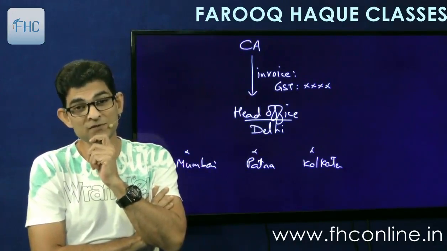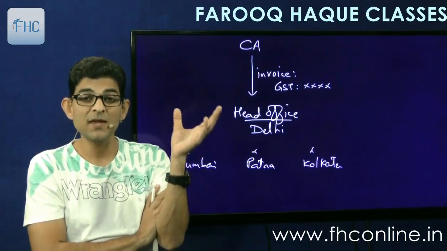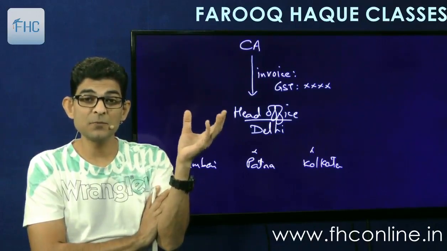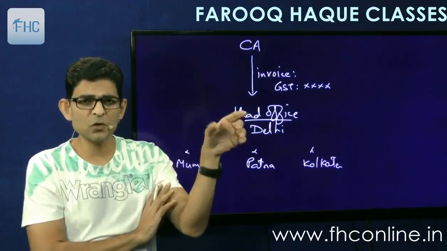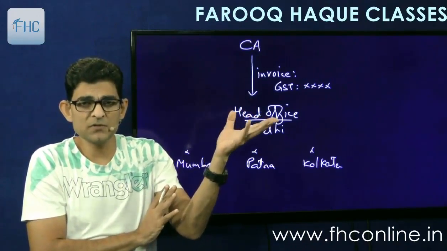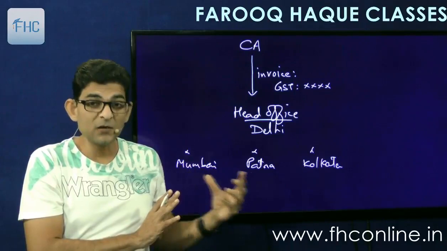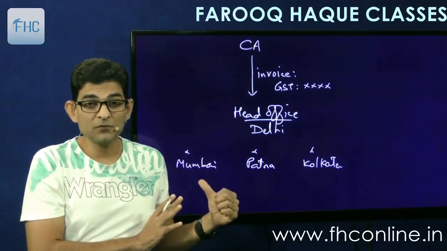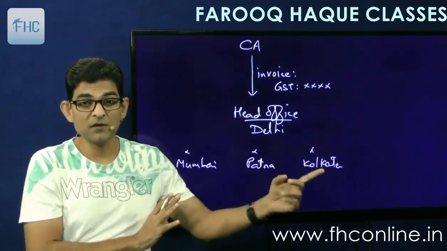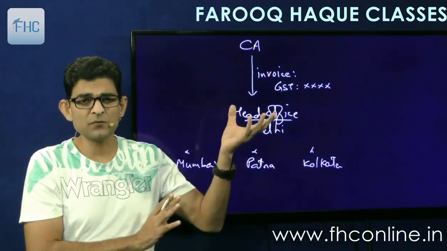Who will take the input tax credit? So what this Delhi office does is it registers itself as an input service distributor, because head office is not liable to pay any tax. We don't do any business from head office. It's just a registered office. The real factories are located here. I've got one factory in Mumbai, one factory in Patna, one factory in Kolkata, and this is just the head office.